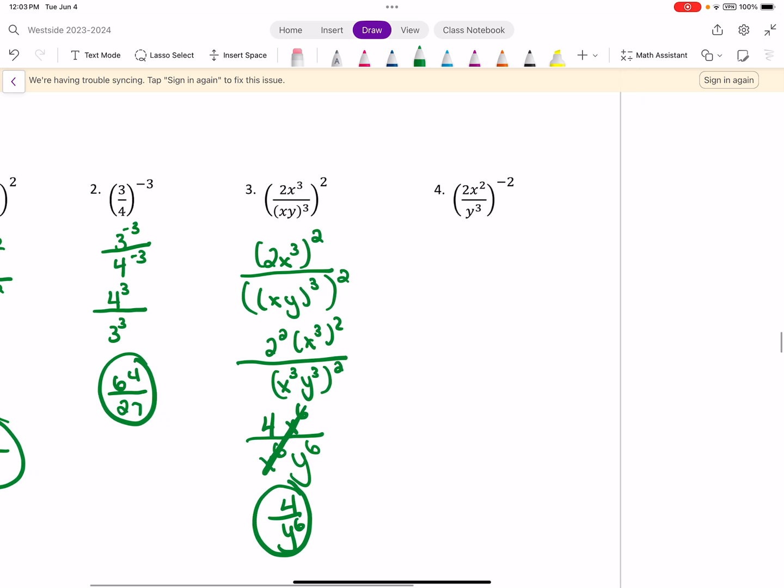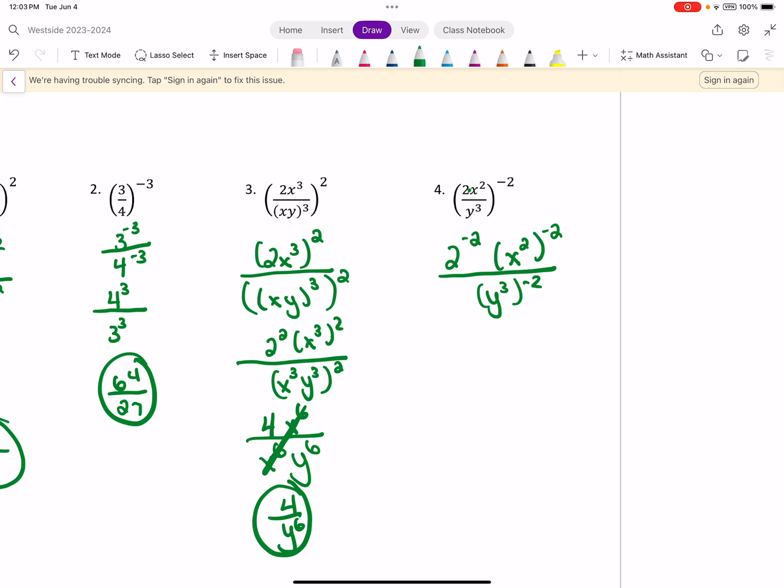Number 4, I'm going to do it a little bit differently than I did 3. See which way you like better. I'm going to distribute that negative 2 to all of these bases up there. So I'm going to go 2 to the negative 2, and then x squared to the negative 2, and then on the bottom, y to the 3rd to the negative 2.